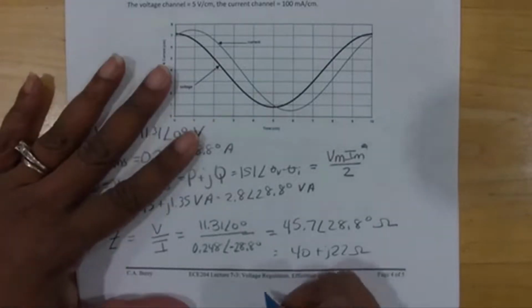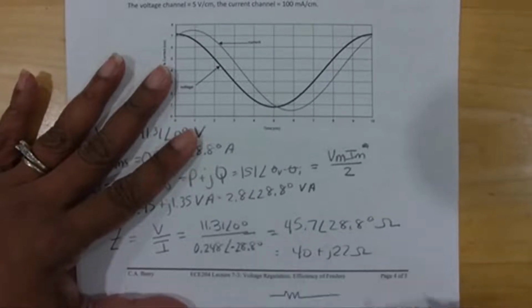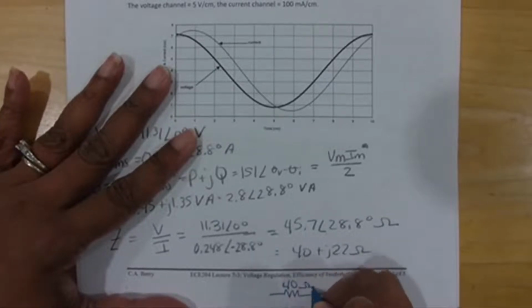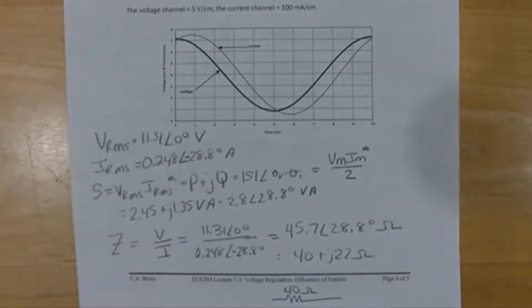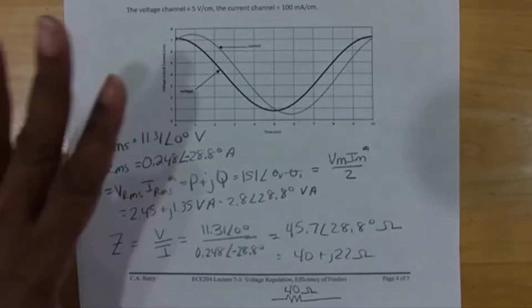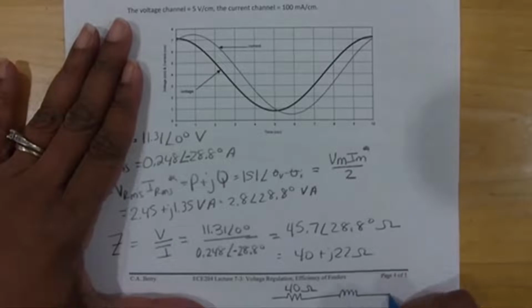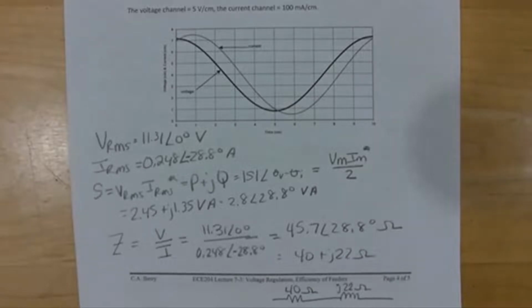Okay, so that means I can now write this as a resistor that is 40 ohms in series with what? You've got two choices. Is it an inductor, Ryan, or a capacitor? It's an inductor because it's positive. I knew that because of the lagging power factor. So it's 40 ohms in series with J 22 ohms.